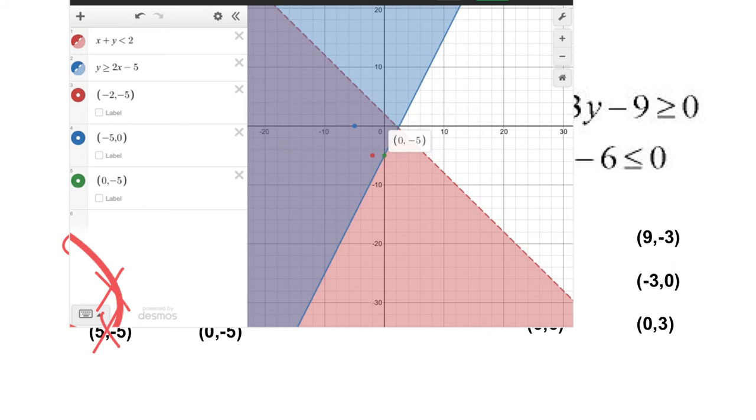And no offense to the color black, but it's hard for me to see the shading when it's like that. So I'm going to go with blue, it's a little bit brighter. Okay, so here is my graph of this.